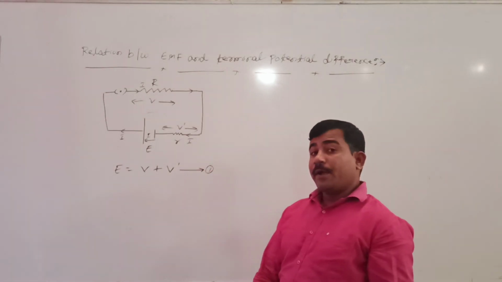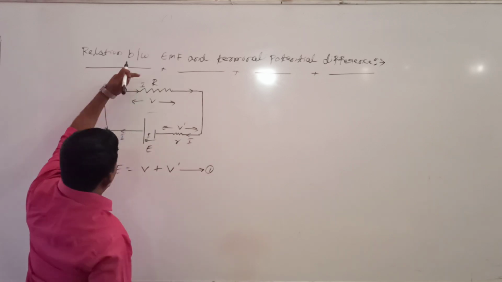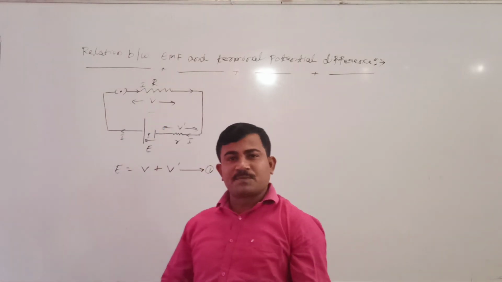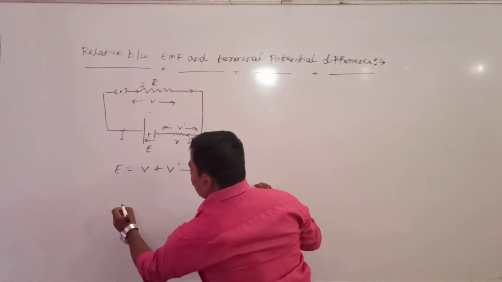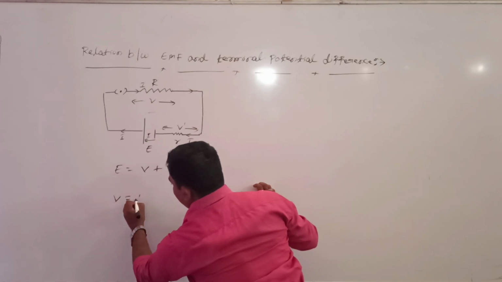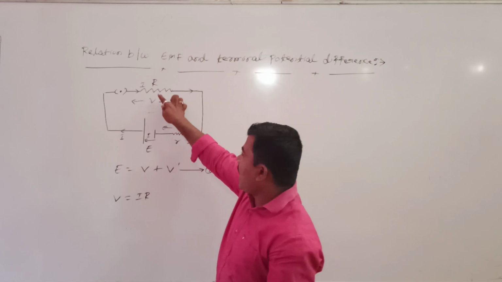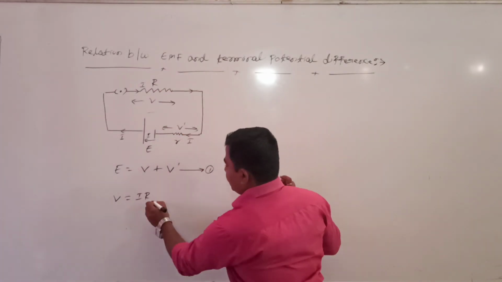Right. Now, look at this case. In this case, the current remains the same. The resistance is there, and this is the potential difference. Let us apply Ohm's law here. In this case, Ohm's law: V equal to I into R. Here V dash equal to I into small r.